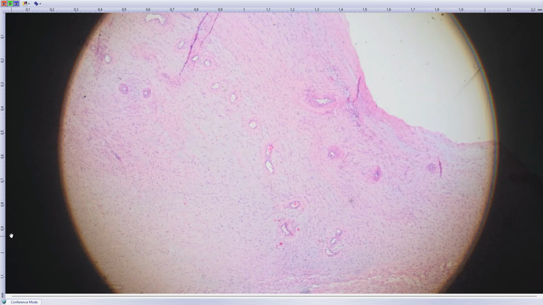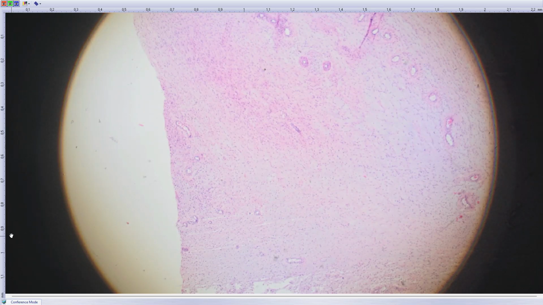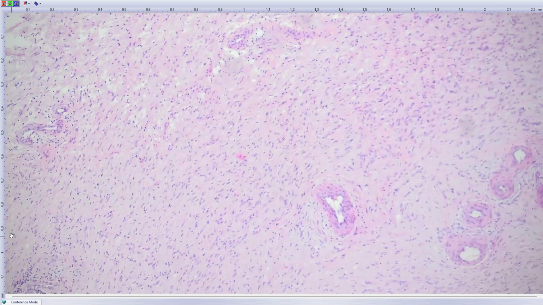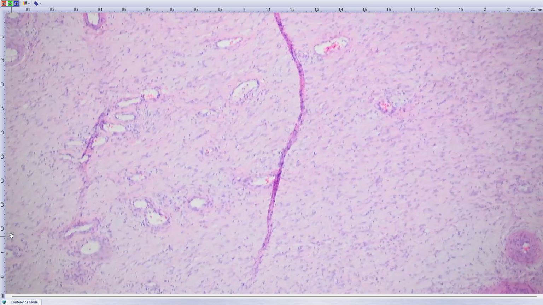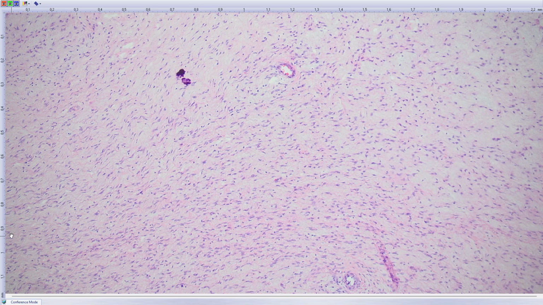We showed it to a couple of colleagues and we didn't have a name for it. We did comprehensive molecular profiling, DNA and RNA sequencing with the broadest panel we have, everything came back negative. All immunohistochemistry, smooth muscle markers, S100, CD34, everything was negative.